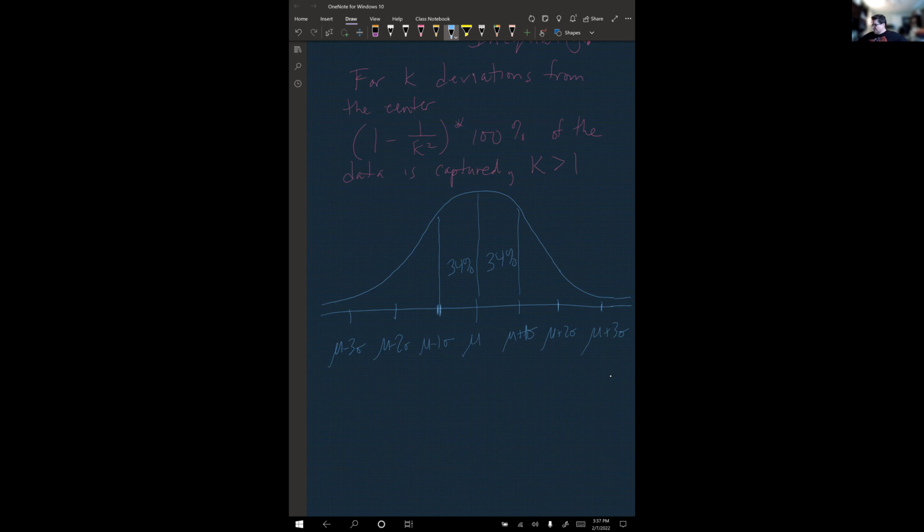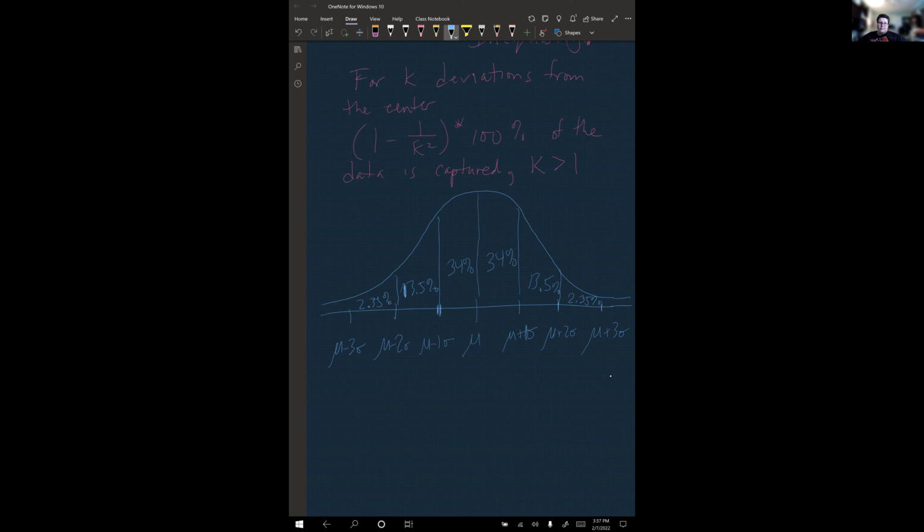The next group over is 13.5 in either direction, and these again are percents. If I do these groups right here, I've got 2.35%, the third deviation over. This is the percentage of data that's in that group.